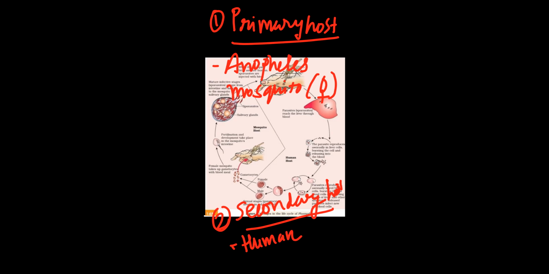Acha, this is not only a primary host, but it is also a vector which will spread it from one person to another person. From one human to another, or from one vertebrate to another, it is this mosquito which will spread it. Because it is responsible for the spread, it is also called a vector. So the female Anopheles mosquito is a vector as well as a primary host.